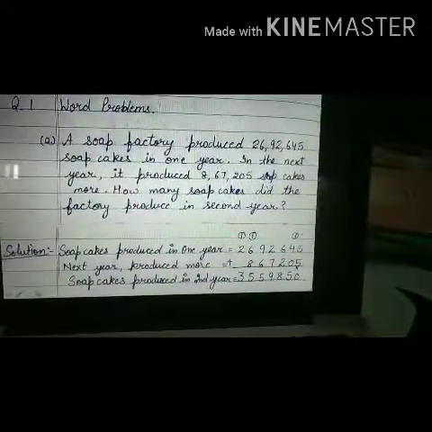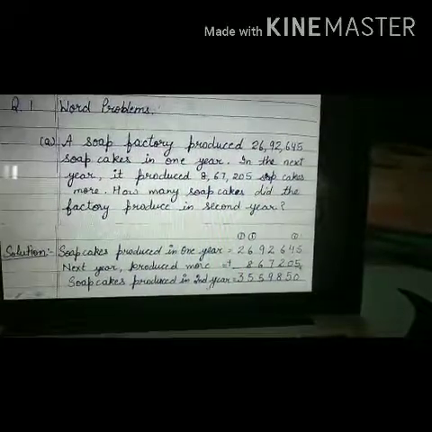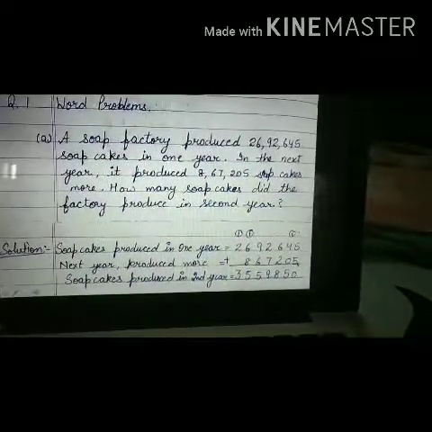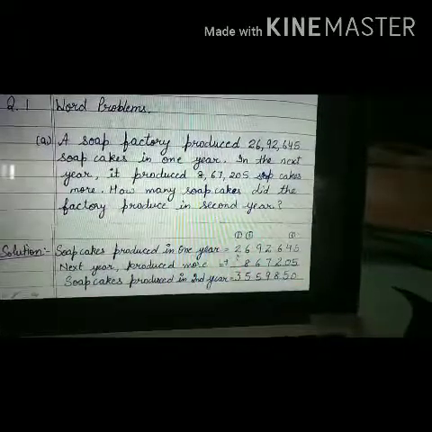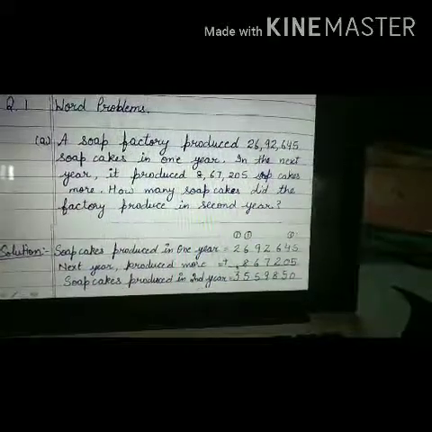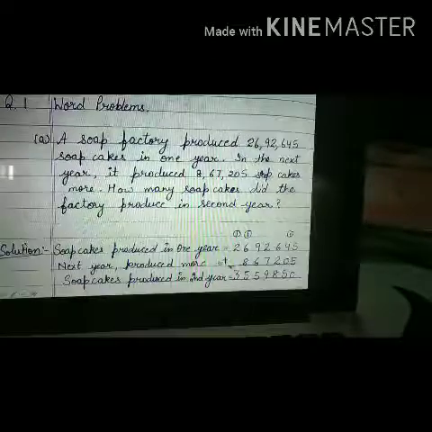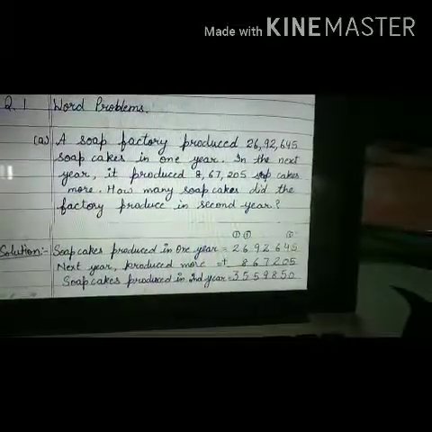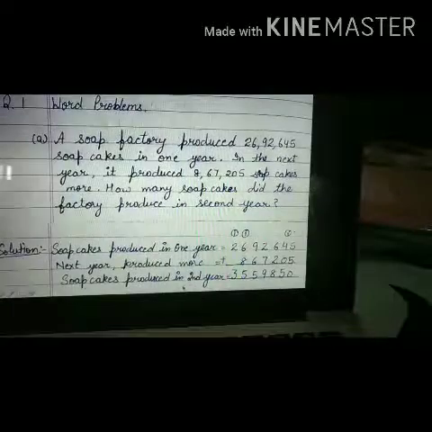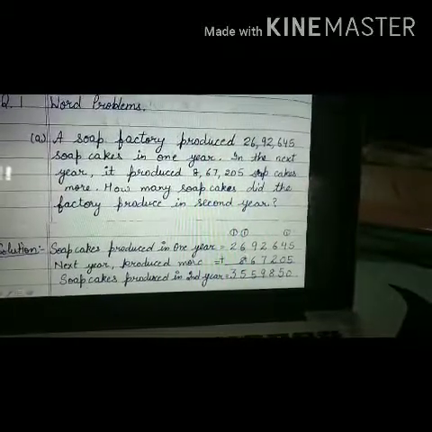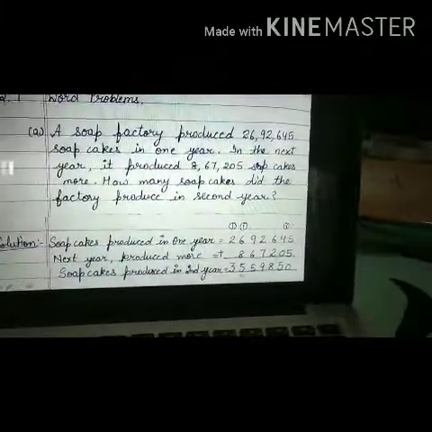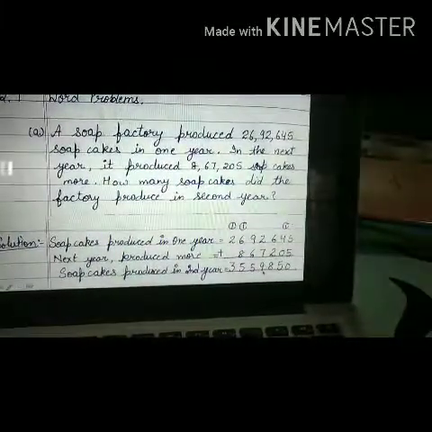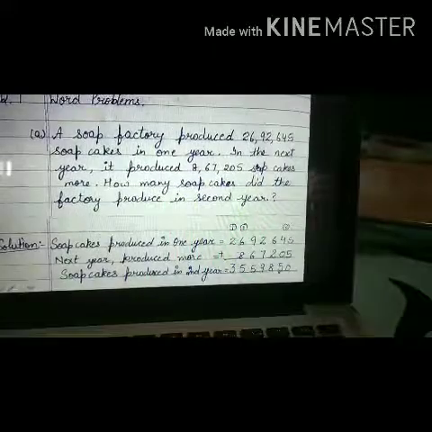But when you arrange the second number, you will start writing from the right side. Here you have observed below 2 there is no number. And what we have to find? Soap cakes produced in the second year. Firstly, add these two numbers and you will get the answer as 35,59,850.